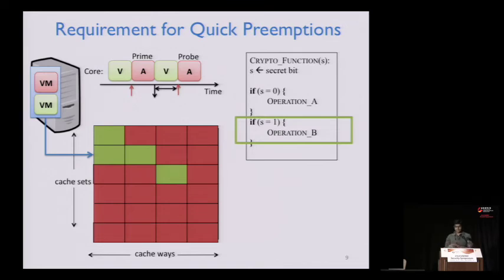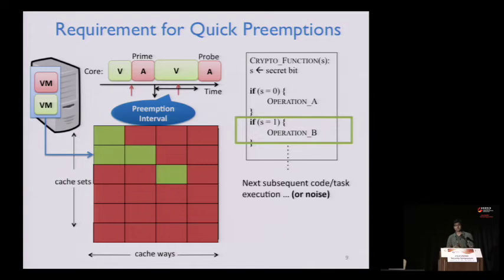One essential requirement for the success of the attack, as we saw earlier, is quick preemption. Now let's assume that the attacker was able to preempt between the start and the end of operation B. The cache footprint looks something like this, and he could observe this via the timing channel. But if the preemption interval is increased, the victim is now allowed to execute a lot more instructions.